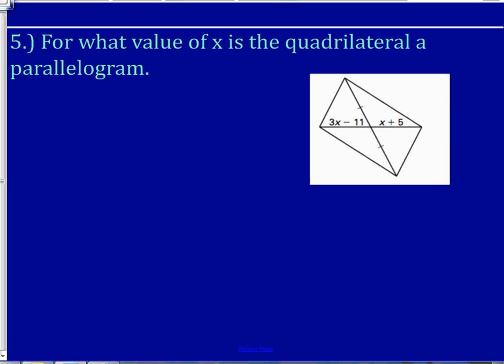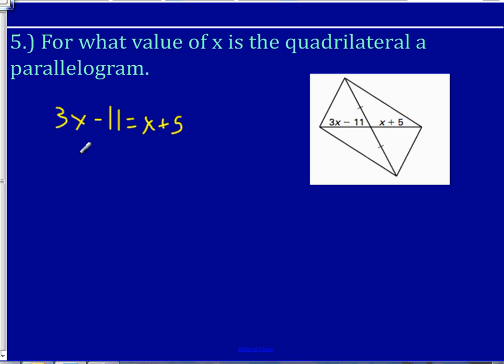Okay, another example. For what value of x is the quadrilateral a parallelogram? Well, what do we know about the diagonals? Diagonals bisect each other, which means that this value can equal this value. So then we can set these two equations equal to each other. So we have 3x minus 11 equals x plus 5.